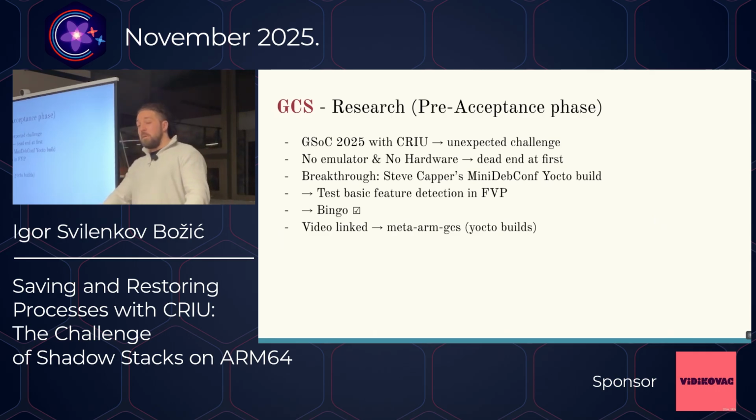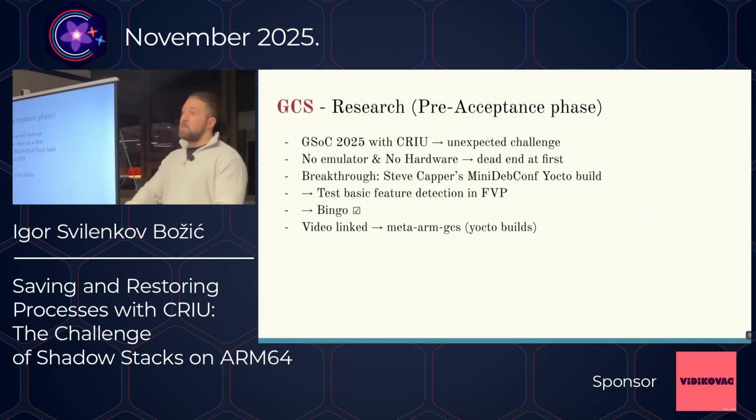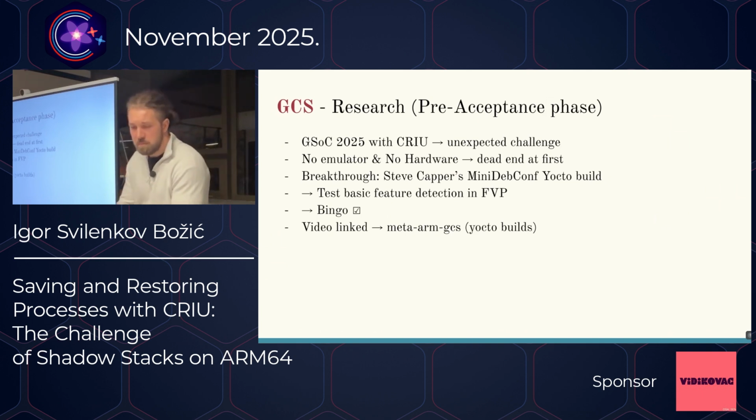It's a clock-accurate simulator, so it's correct, but it's extremely slow. And you can download it. It's called FVP. I forgot what this stands for, fast something platform maybe. And this was really good because I saw in the video they could see in the kernel that GCS is available.